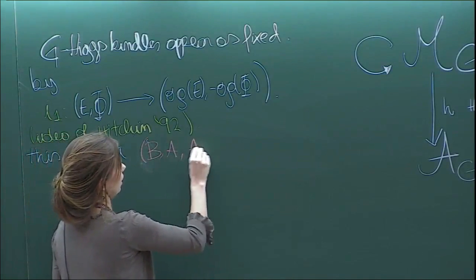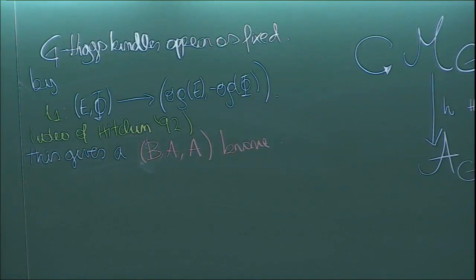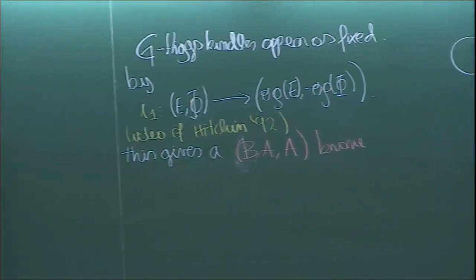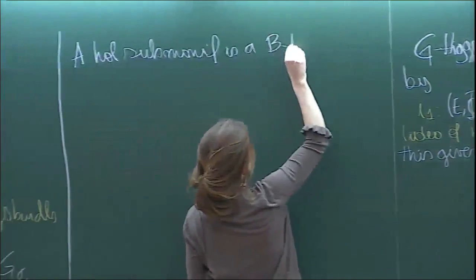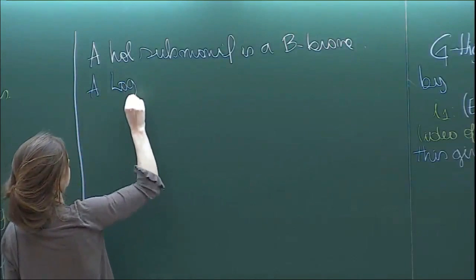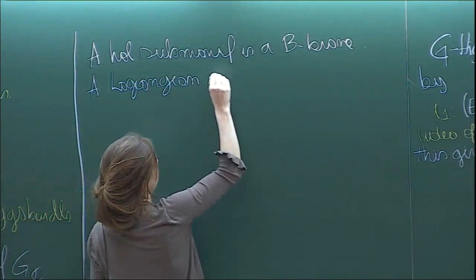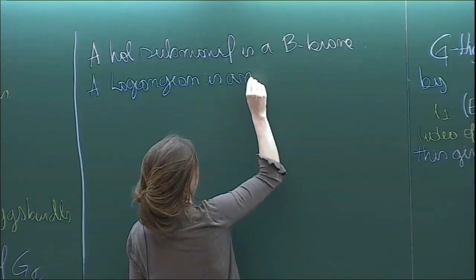BAA brane. So in our setup, we forgot about what was supported on this brane, and we said a holomorphic submanifold is a B brane, and a Lagrangian submanifold is an A brane.